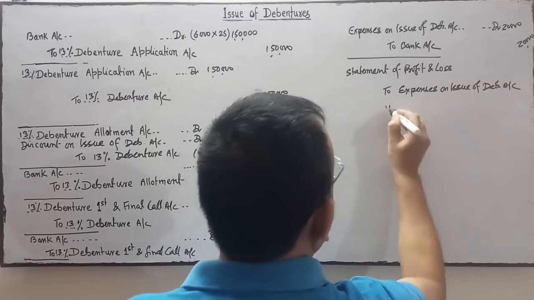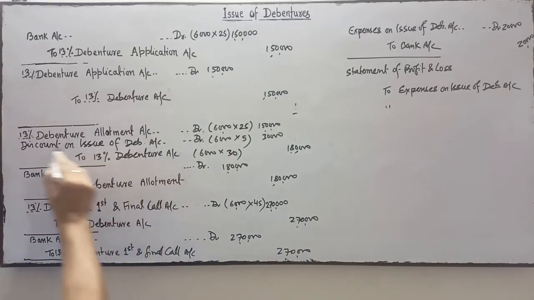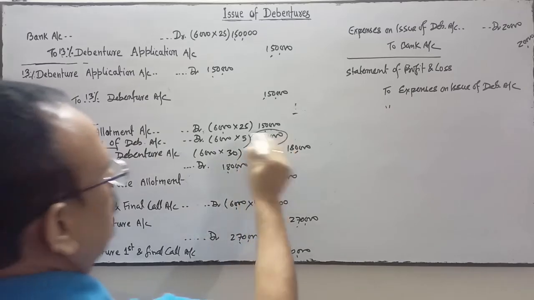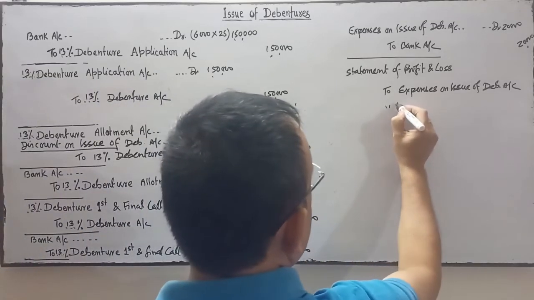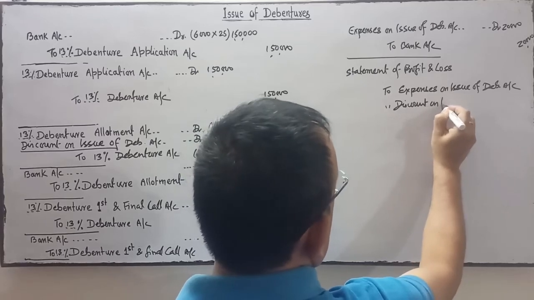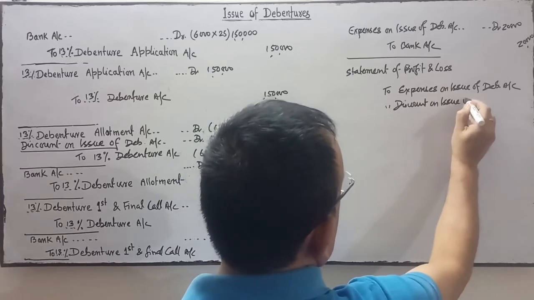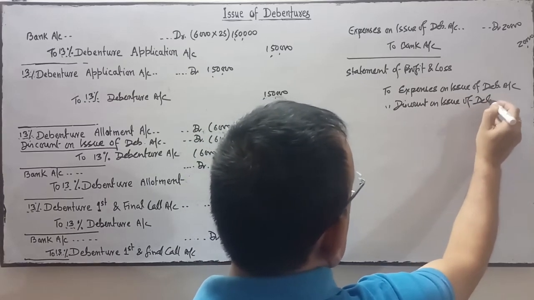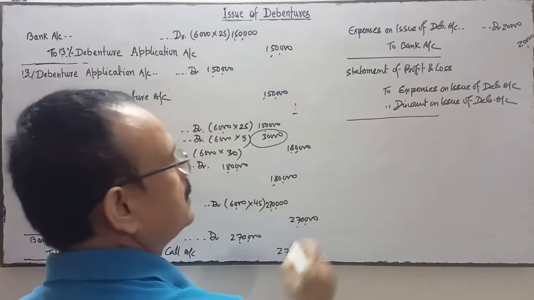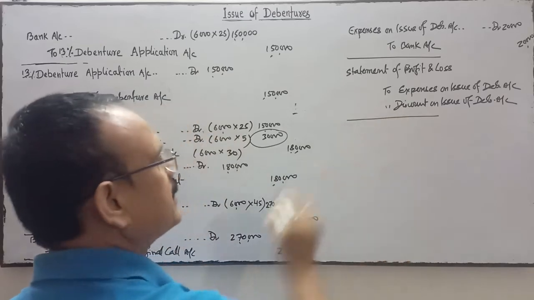And the second loss is this discount, 30,000, we have to write off, discount on issue of debenture. This is the capital expense and this is the capital loss.